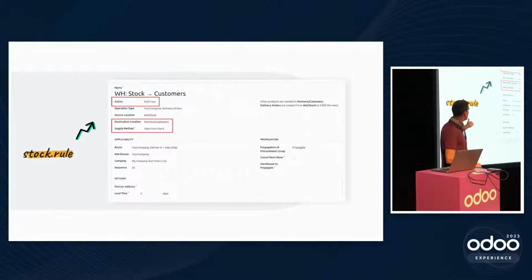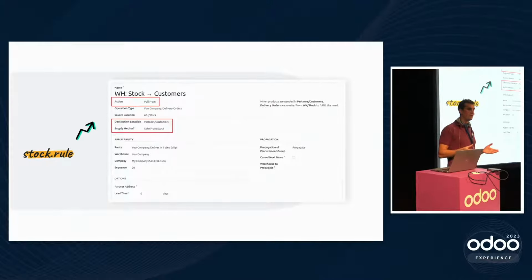You have a lot of other parameters. This one is specific to the picking, so it explains which warehouse you have to take the goods from. The route is also very important because a route is a set of different rules. The route is applicable by product category or by warehouse, so you can create a set of rules which belong to a route for a particular product, and it will just apply to this product.